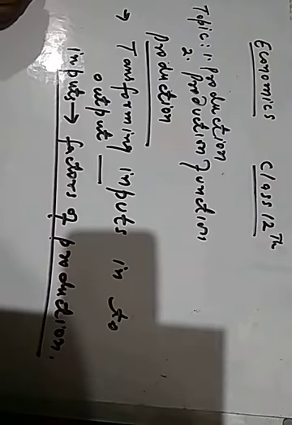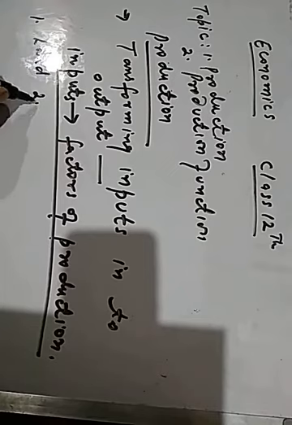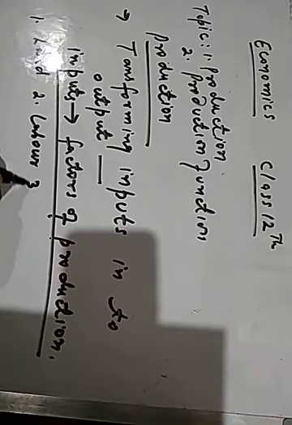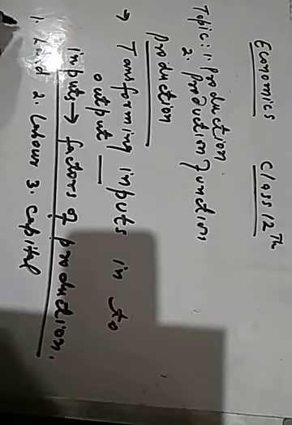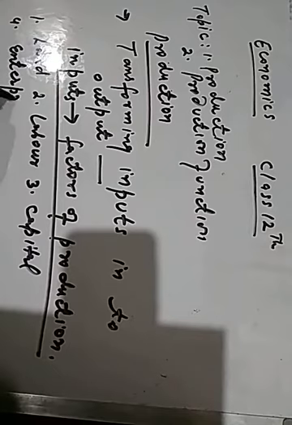These factors of production are land, second factor of production labor, third is capital, fourth one is entrepreneur, organization.